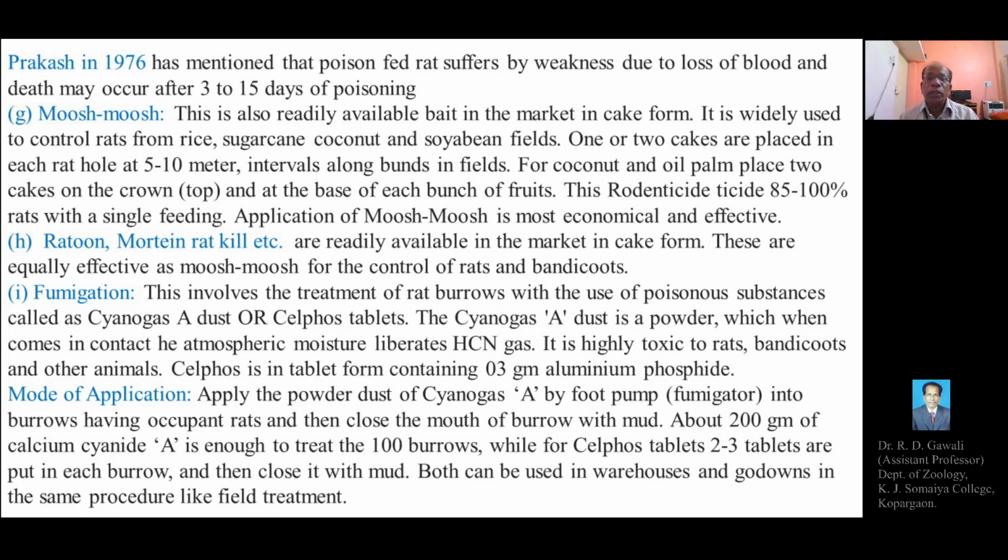Both can be used in warehouses and godowns in the same procedure like field treatment.